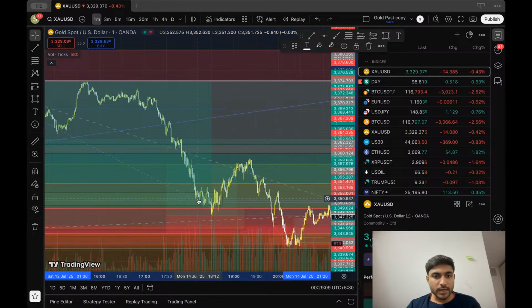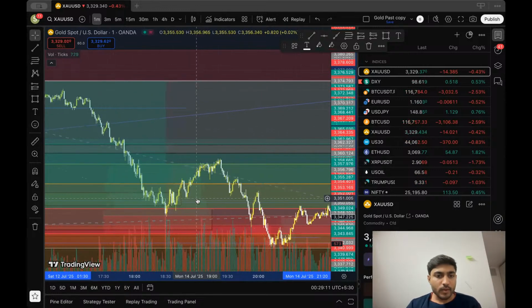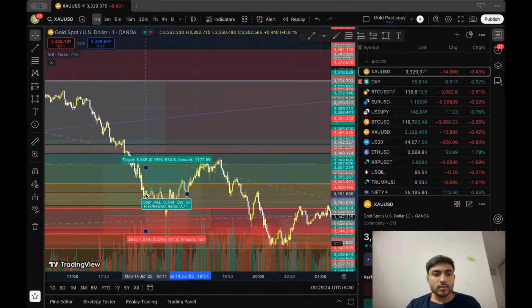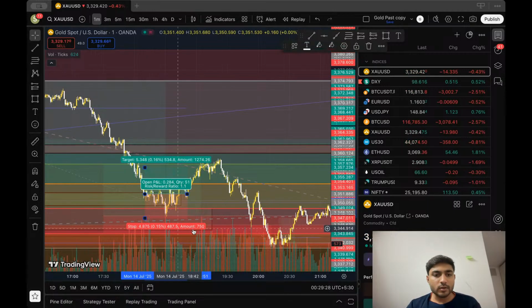So the first green candle happened here. So the first green candle happened over here, so we entered I think around here. Yeah, like this. So 50 pips stop loss I think we had.